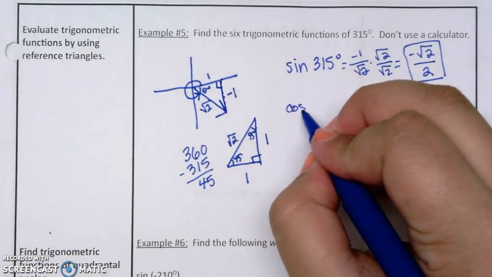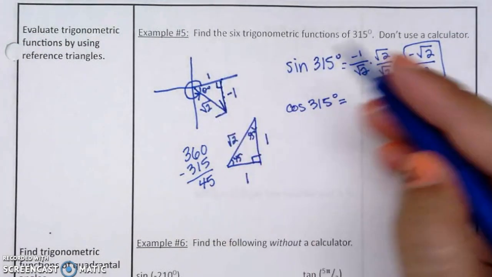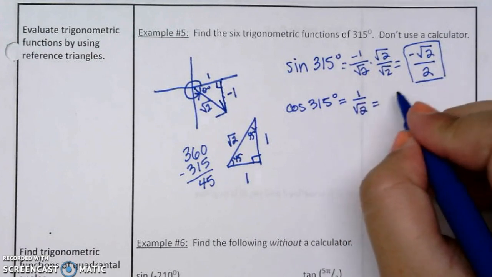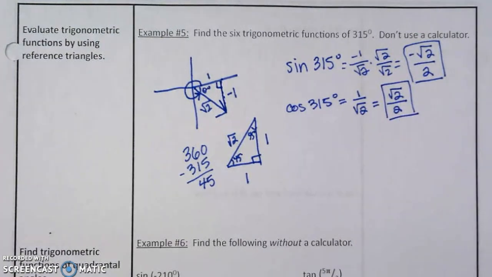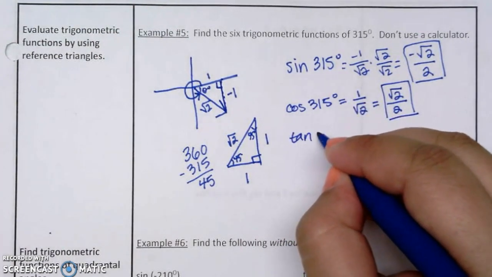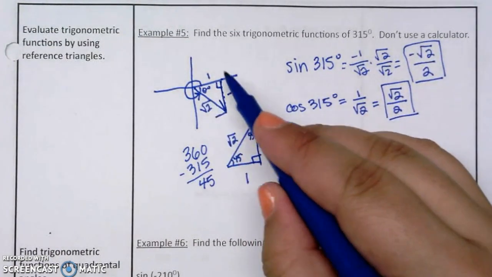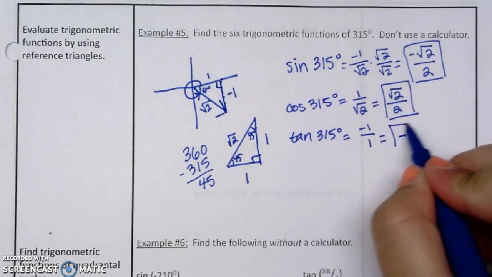For cosine of 315 degrees, we have adjacent over hypotenuse, which is 1 divided by the square root of 2. Rationalized, that gives us the square root of 2 over 2. Then we have tangent of 315 degrees. Tangent is opposite over adjacent, so we have negative 1 over 1, giving us a value of negative 1.